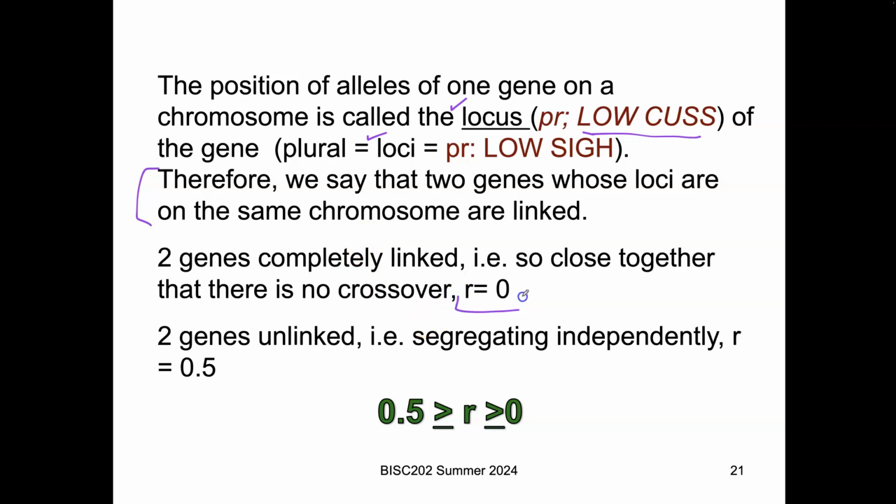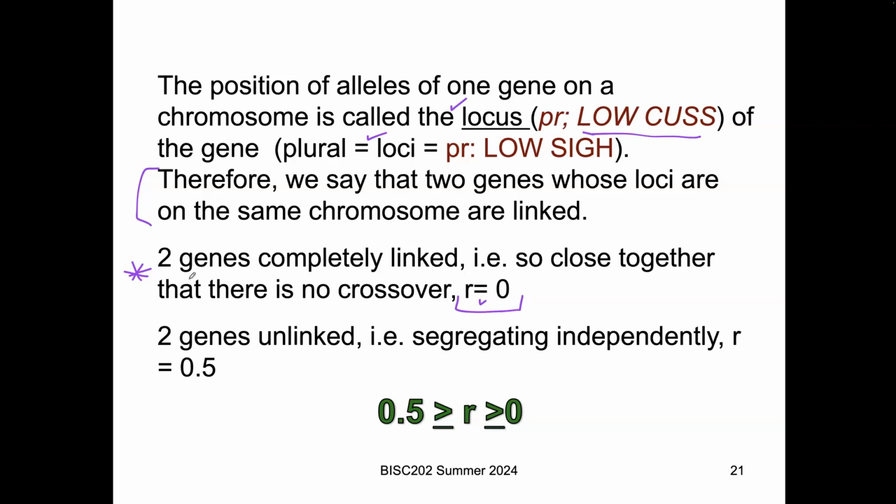If they're completely linked, so close that there's no crossover, then the R that we calculate is going to be 0. This partly depends on how many progeny we look at. I was once involved in supervising some undergrads who were working on mapping alleles inside of a gene, and they were collecting recombinants, crossovers from one part of a gene to another part of an actual gene.